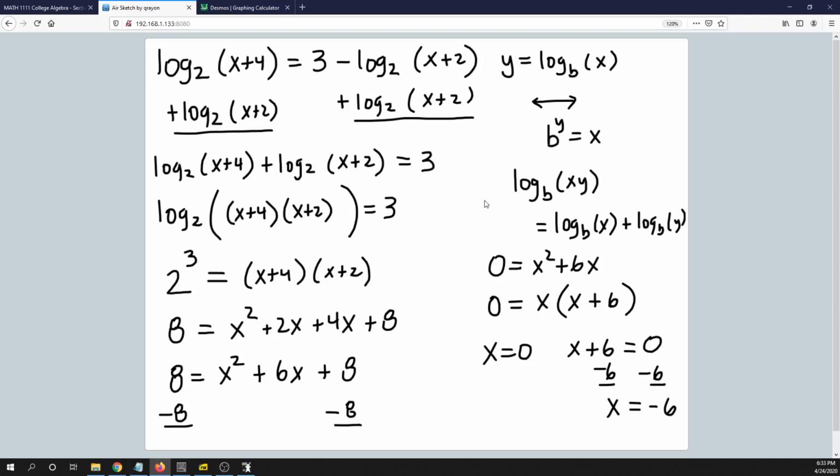So let's go through with the check, and you'll see that one of these solutions is not going to work. Even though we did everything perfectly, right, that is not enough with these problems. So I'm going to erase part of this here so we can do the check.